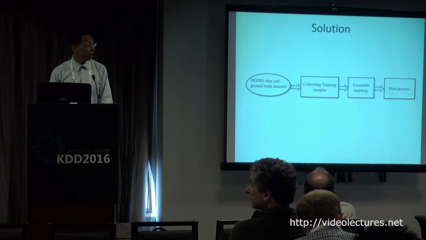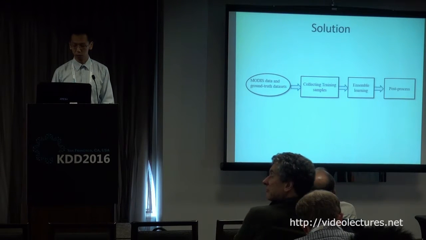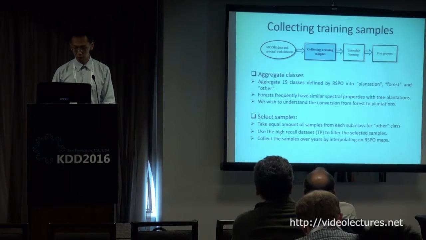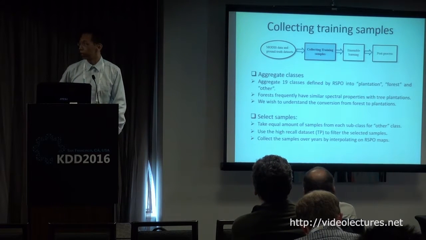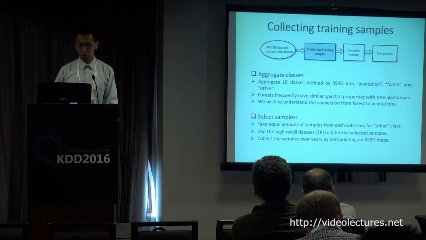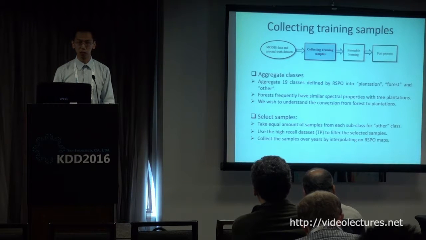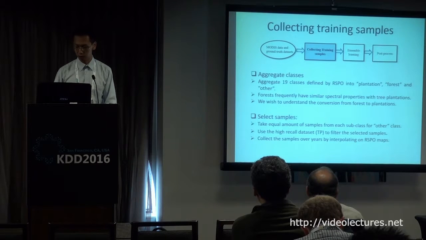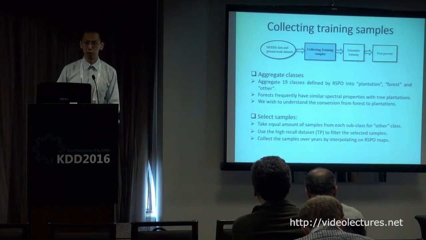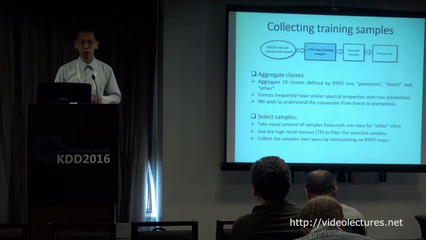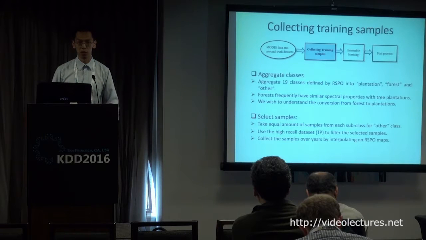Given MODIS data, we solve our problem in 3 different steps. The first step is how we collect training data. According to the 19 land cover types defined by RSPO, we aggregate them into 3 classes: plantation, forest, and other. We separate forest mainly for 2 reasons. One is that forests usually look very similar to tree plantations because they all look very green.